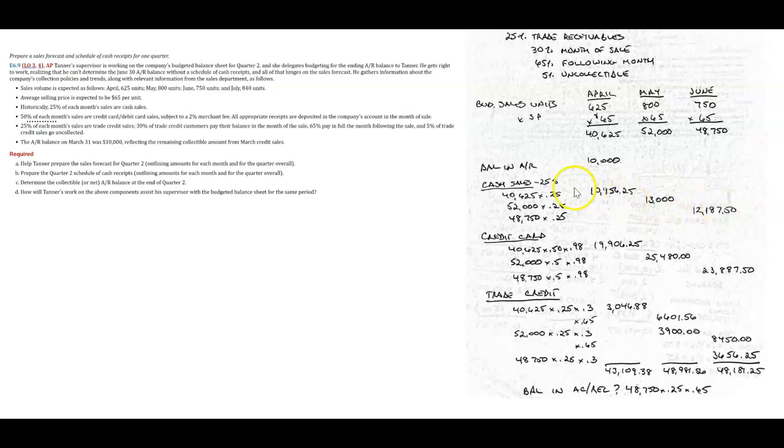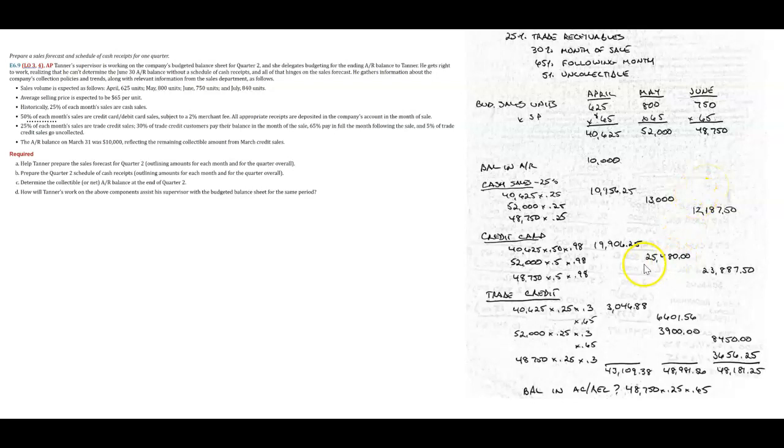This much is coming in cash, so we get that money right away. I'm doing it the long way so that you can see where the numbers came from. If you wanted, you could just write 25% of the 46,250, the 52,000, and the 48,750 right here.